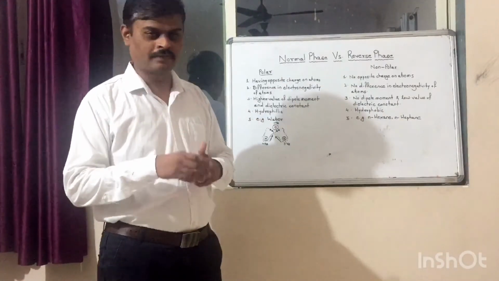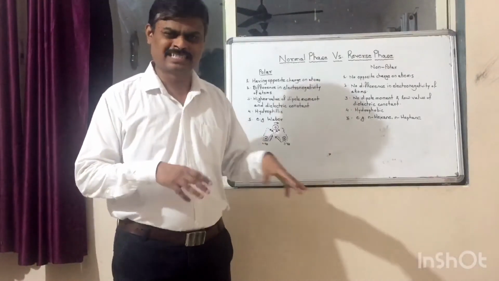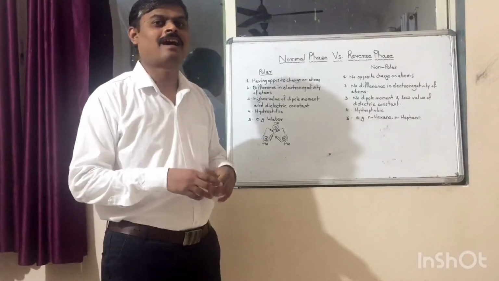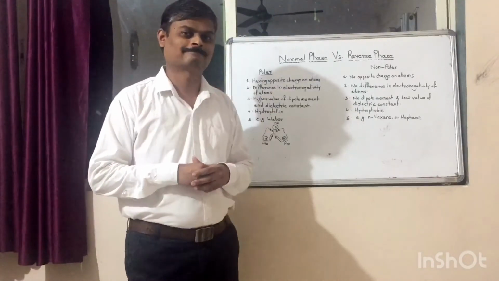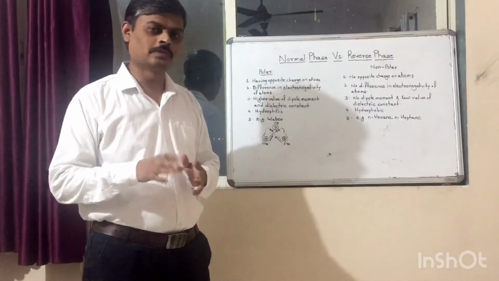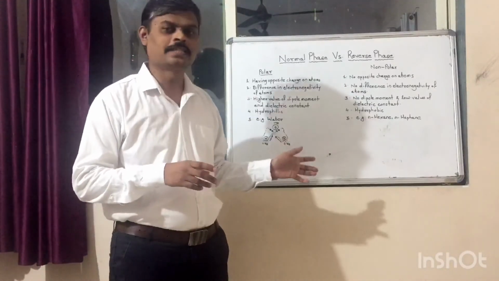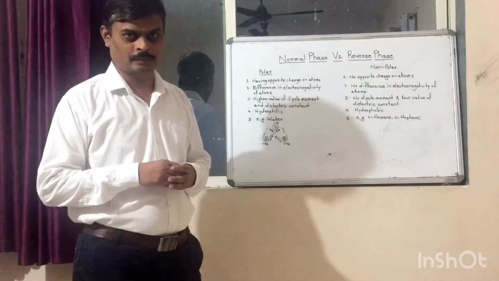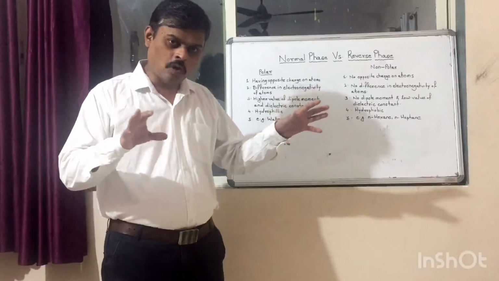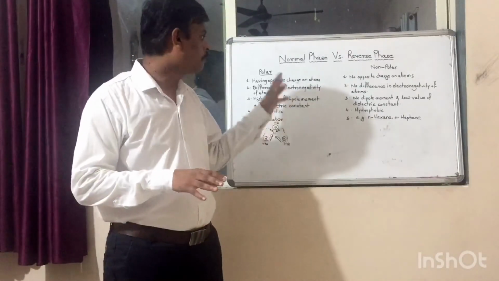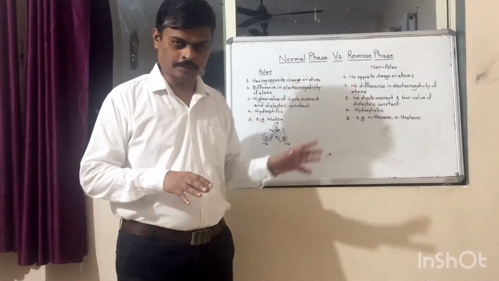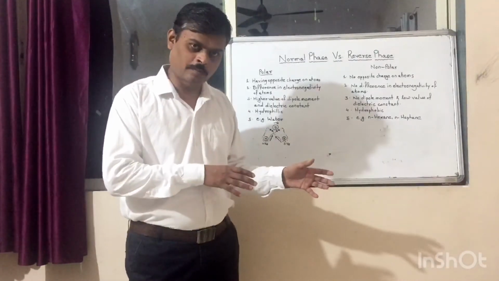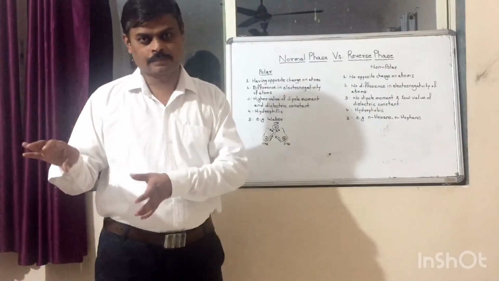One more major difference between polar and non-polar solvents is simple: polar molecules or polar solvents are miscible with water, and non-polar molecules or non-polar solvents are never miscible with water or never dissolve in water. So this is the overall background of polar and non-polar molecules. This will help you to understand the difference between normal phase chromatography and reverse phase chromatography.